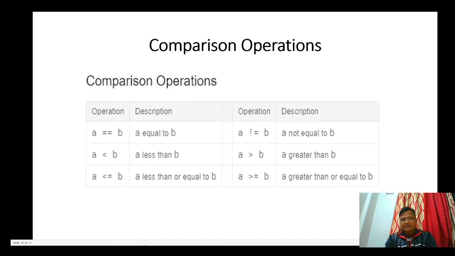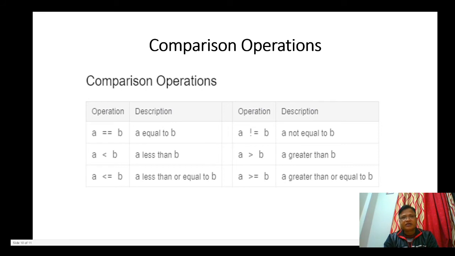Okay, fine. So the next type of operators we will use in Python are the comparison operators or the relational operators. So let me clarify, the comparison operators are also known as relational operators, and comparison operators will be used whenever we want to compare two values.